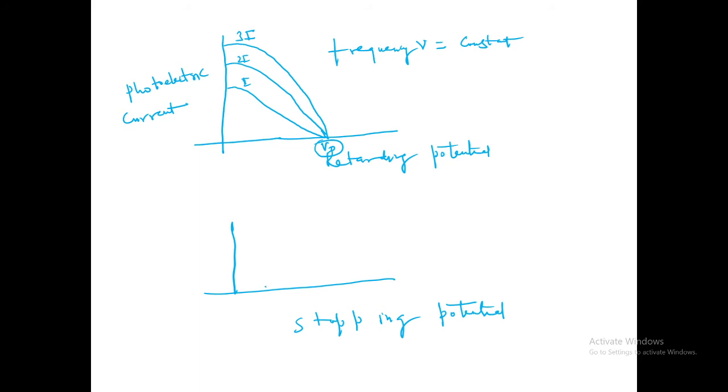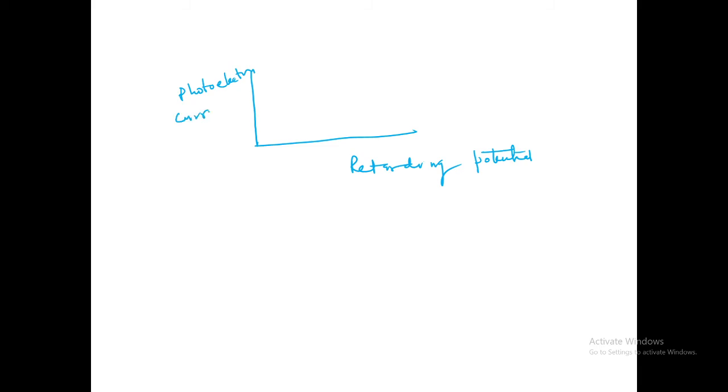Sorry, on the x-axis we are going to take retarding potential, and on the y-axis we are going to take photoelectron current.